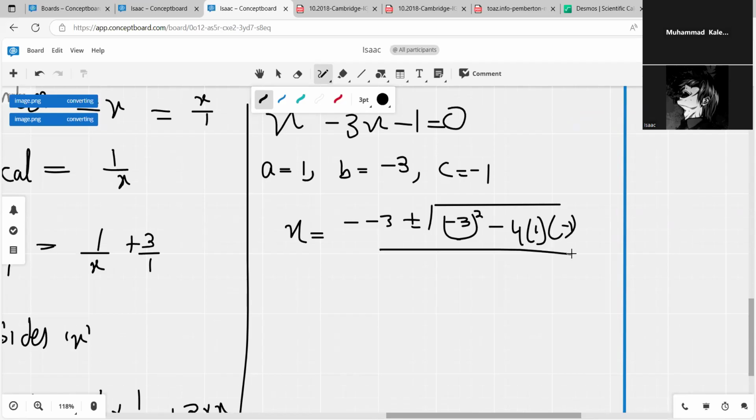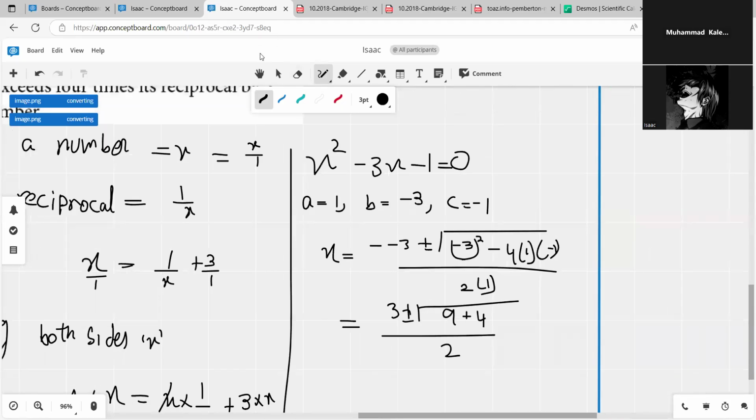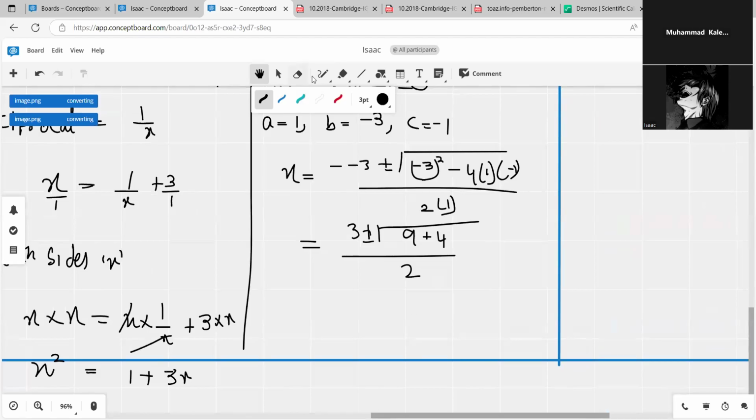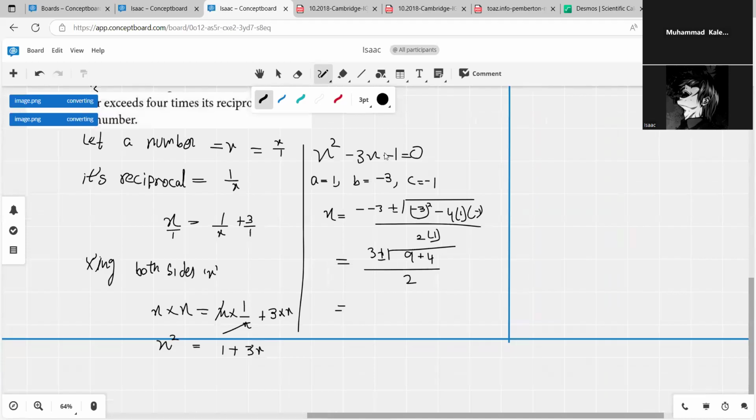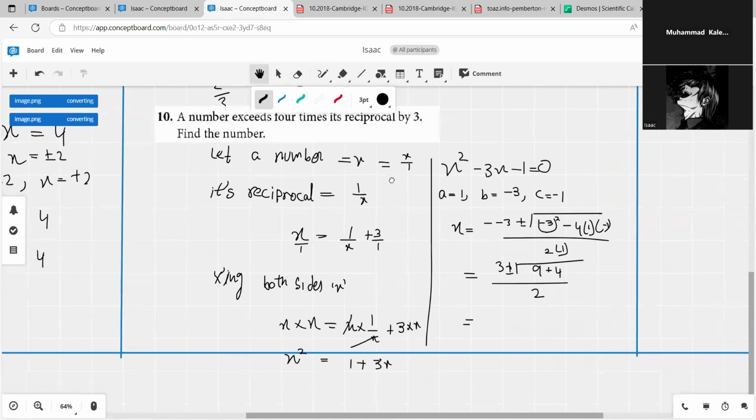C is negative 1. In the denominator we have 1. So 3 plus minus root of 9 plus 4 over 2. Why is this not a complete number?